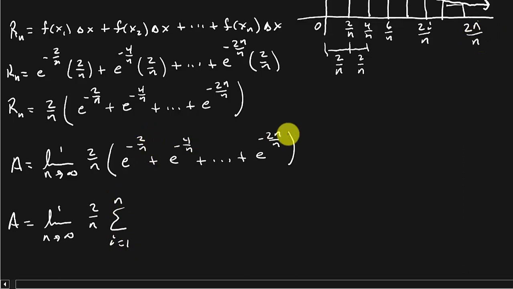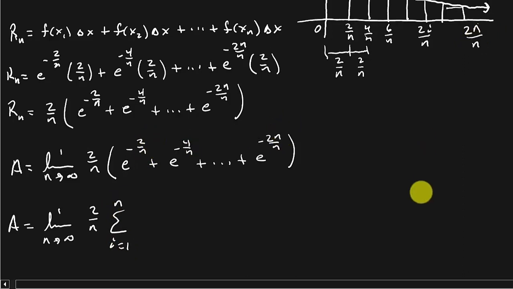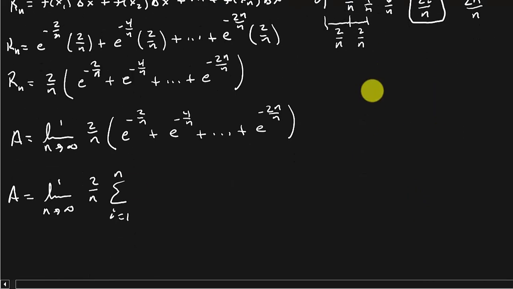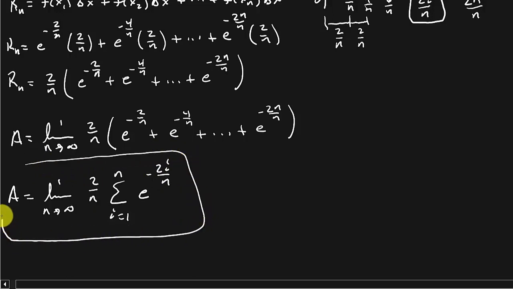Now, what would the formula for each one be? Well, remember, we did it right here. So that would be 2i over n, e to the negative 2i over n. All right, and this would be your formula.